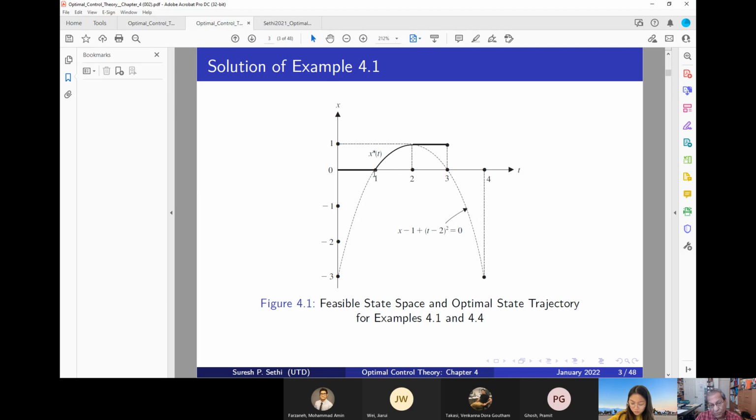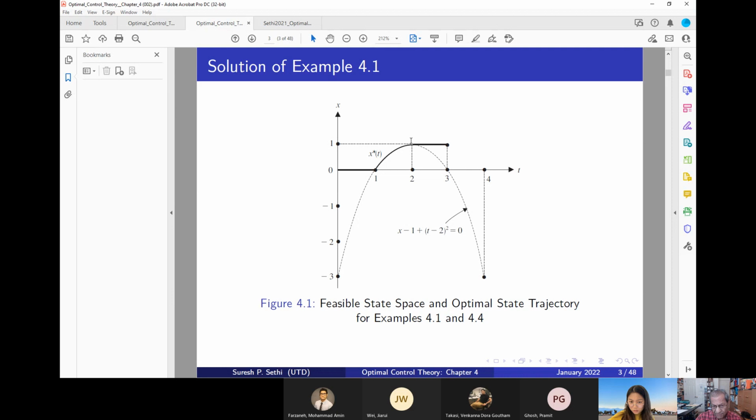So I need to use that control that keeps me right on the parabola. Any other control that will go above the parabola will be bigger control than the one that goes along the parabola. So hopefully after this, I can find a control that goes along the parabola, and that would be part of the minimum control and hopefully part of the optimal solution.